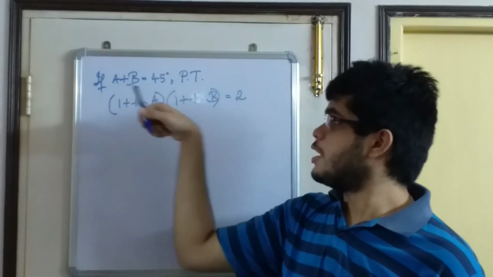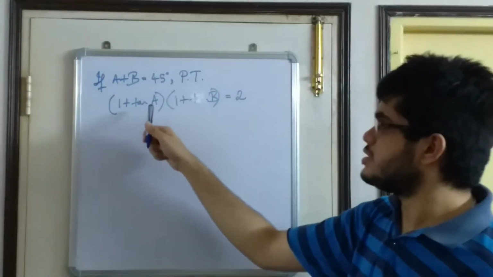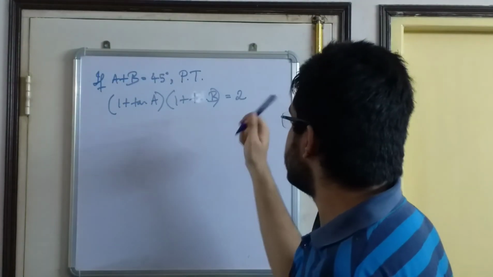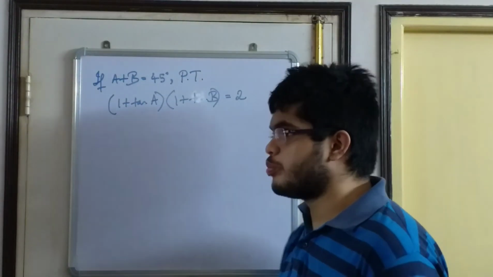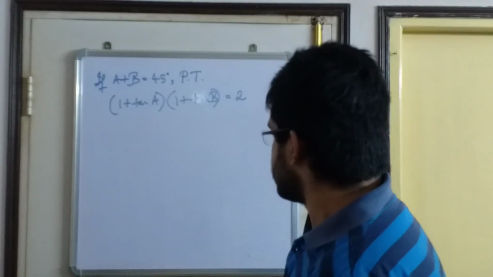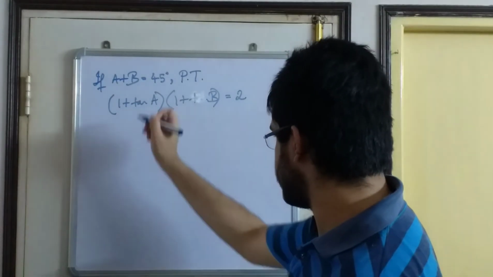If a plus b is equal to 45 degree, prove that 1 plus tan a into 1 plus tan b is equal to 2. Prove it. I am also doing the solution here.